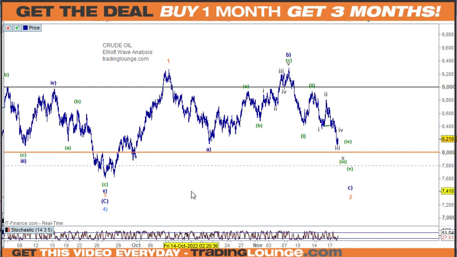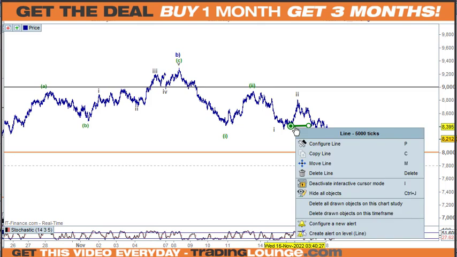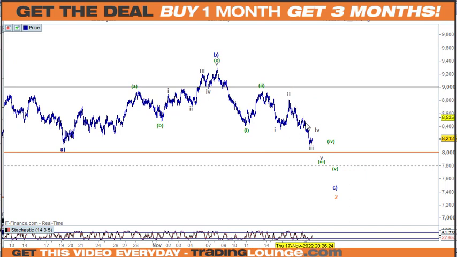We have made a new high here, and we talked about being short. If you're short here, then you need to get out close to the $8 mark. I'm going to take that out now. I have labeled this here. We had this labeled last time, but I'll fill in the dots here as wave 1 and 2, and 1 and 2. And we've got 1, 2, 3, 4, 5 here for the third wave.